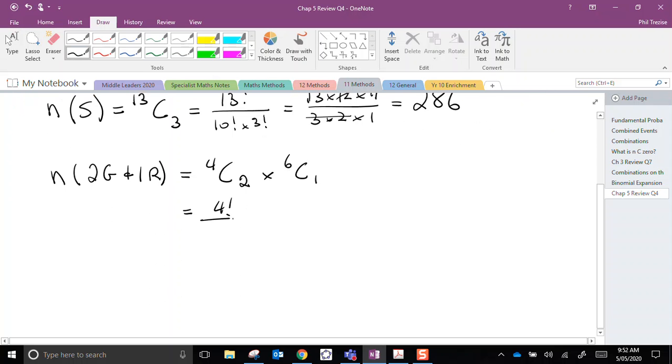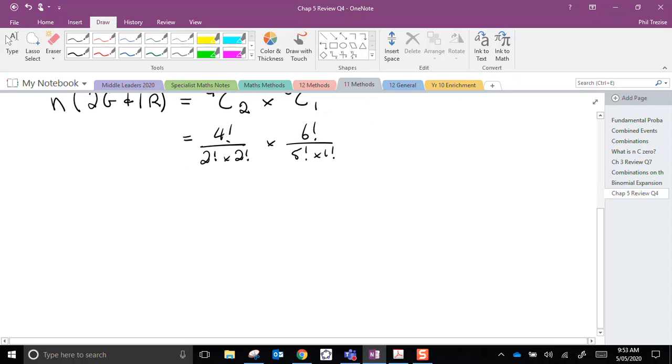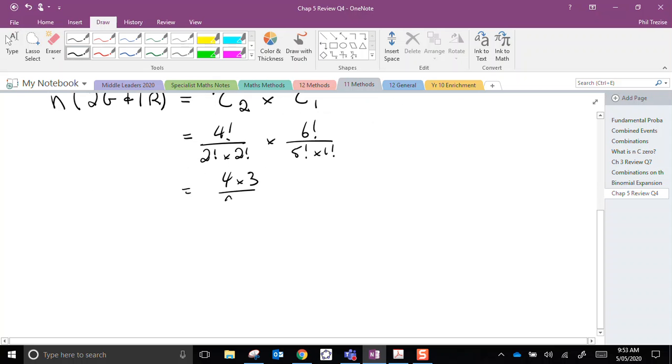Now let's work these ones out. 4 factorial over 4 take 2 is 2 factorial by 2 factorial. 6 factorial, 6 take 1 is 5 factorial by 1 factorial. Now that would be 4 by 3 over 2 by 1, and this would be 6 over 1.